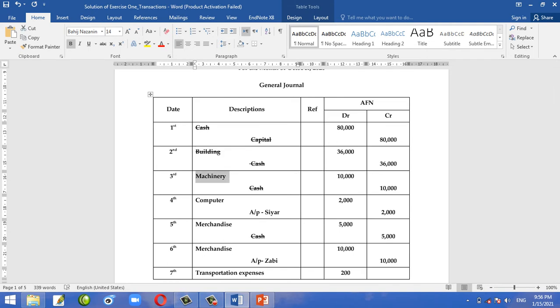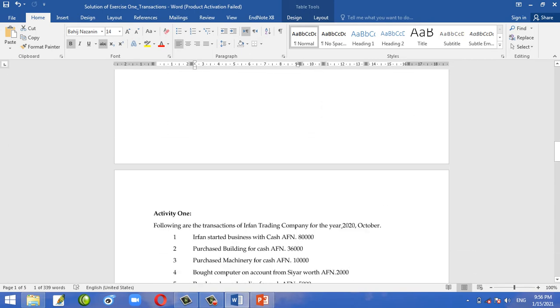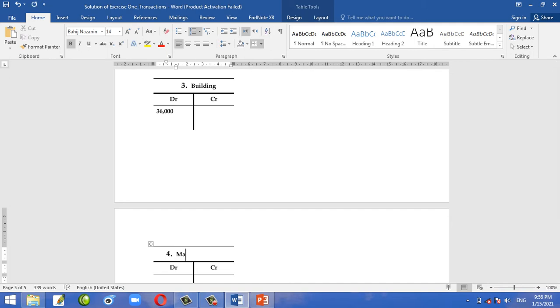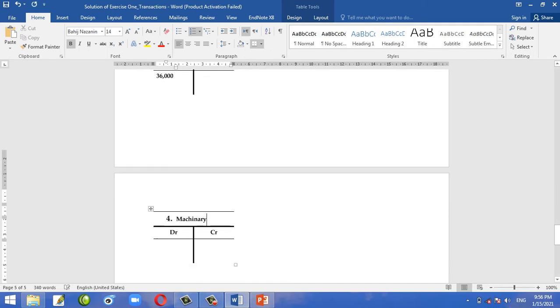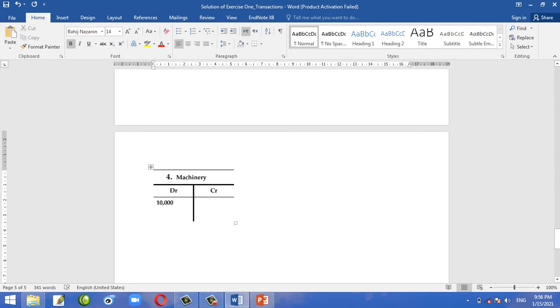The next one is machinery for the organization. That is 10,000 Afghanis as debit. You can write here the fourth one is machinery, and you can write 10,000 as debit. Come to the next one.